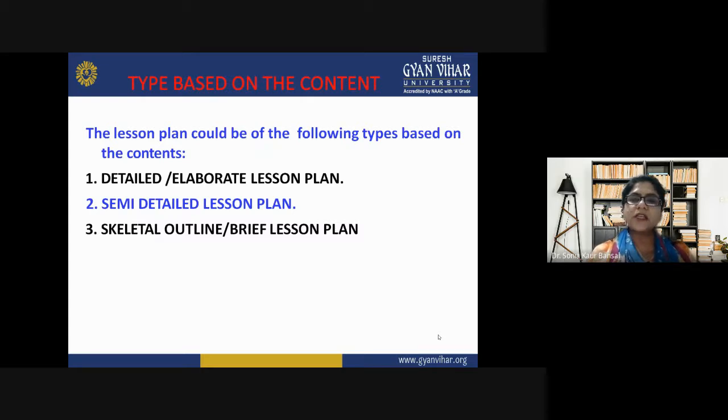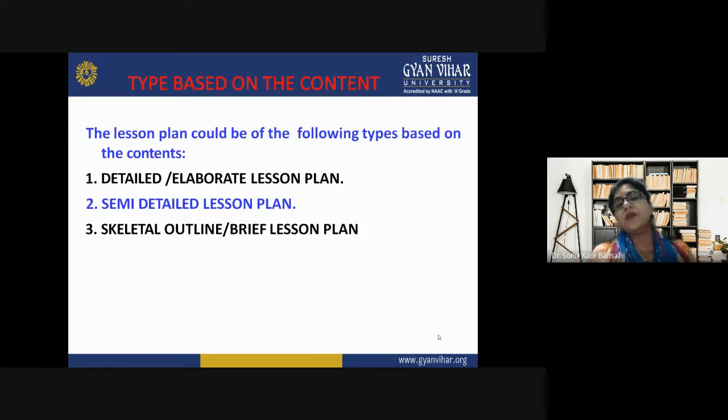Now the lesson plan could be of the following types based on the content. The content may be a detailed or elaborate lesson plan. Prose lesson plans are sometimes very detailed, and grammar lesson plans are also very detailed and elaborative, with lots of examples, practice, drill, and generalization.